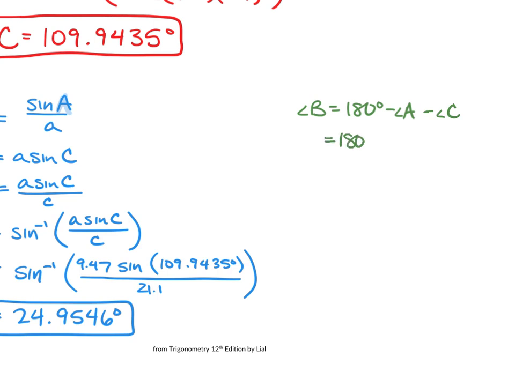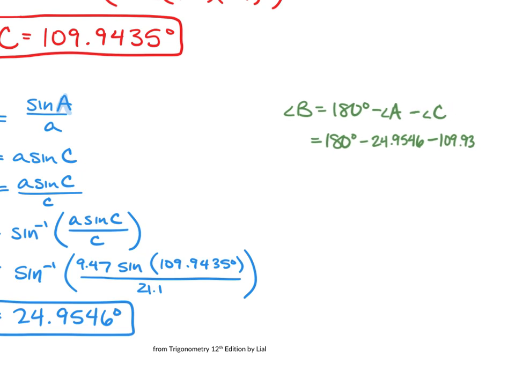This is going to be 180 degrees minus 24.9546 minus 109.93... 5 degrees. You get that angle B, the final part of this triangle, is 45.1019 degrees.